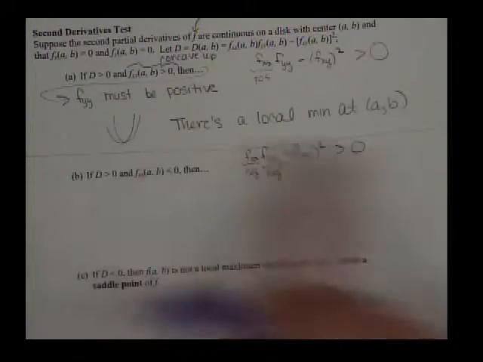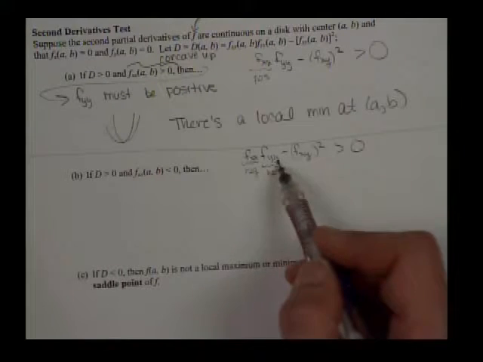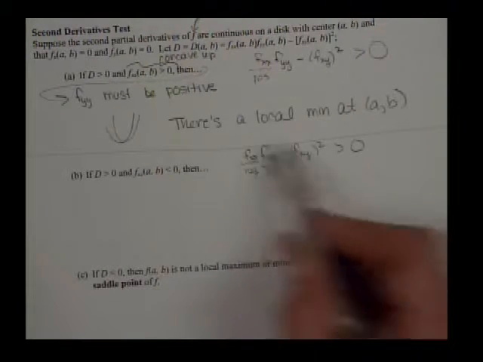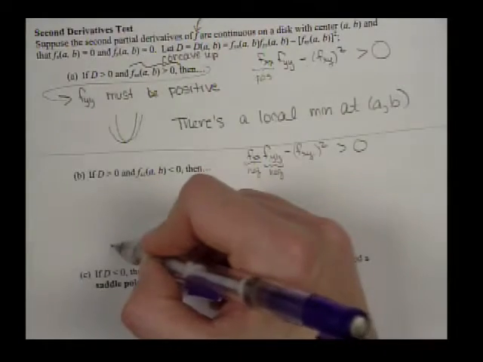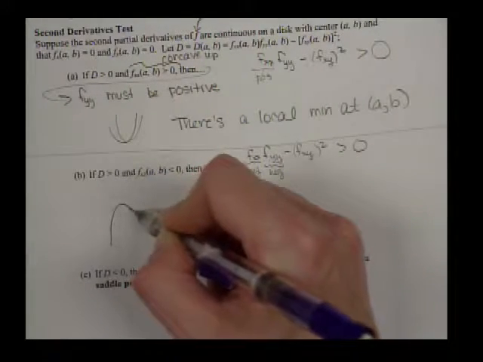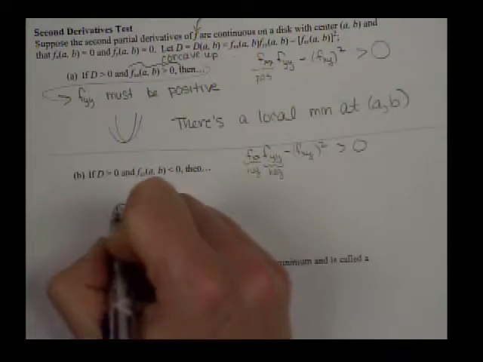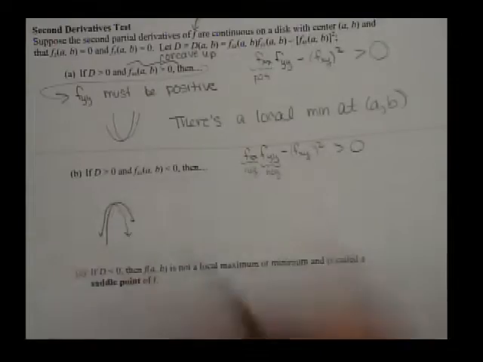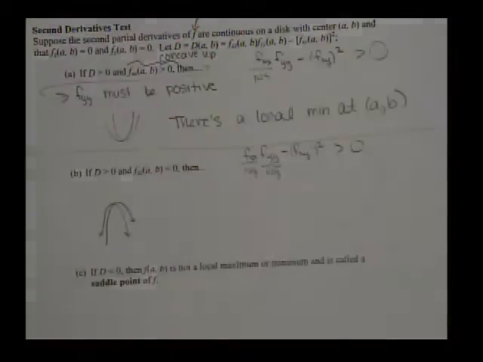So if the entire expression is positive and f sub xx is negative, then f sub yy has to be negative in order to make this term positive. Now, second derivative negative means concave down. So parallel to the x, it's concave down, and parallel to the y, it's concave down. So down and then down. What must happen at that point? There's a local max.